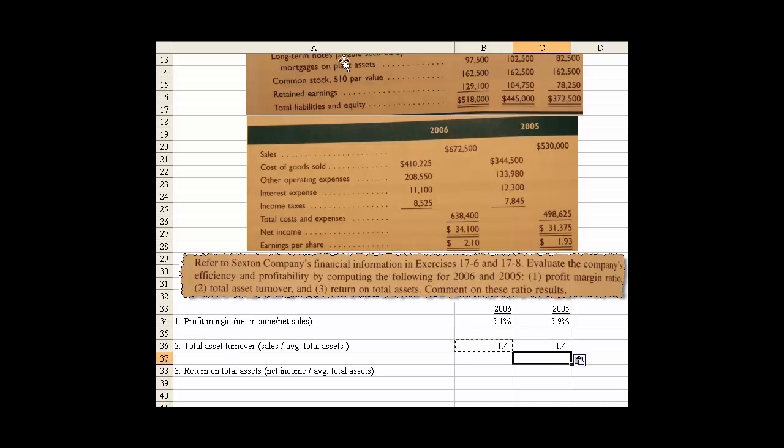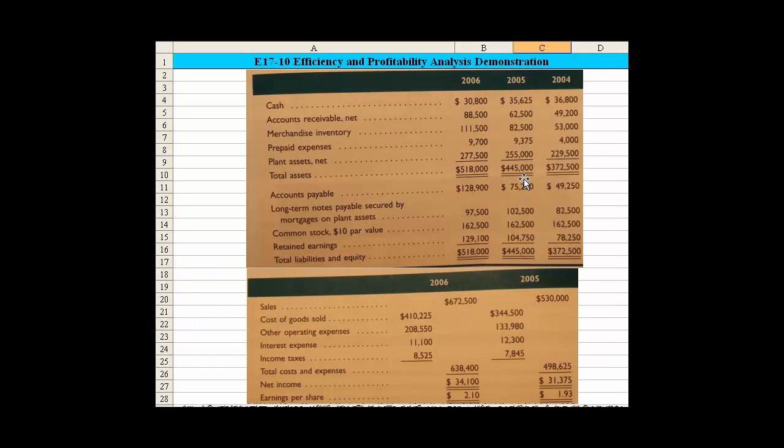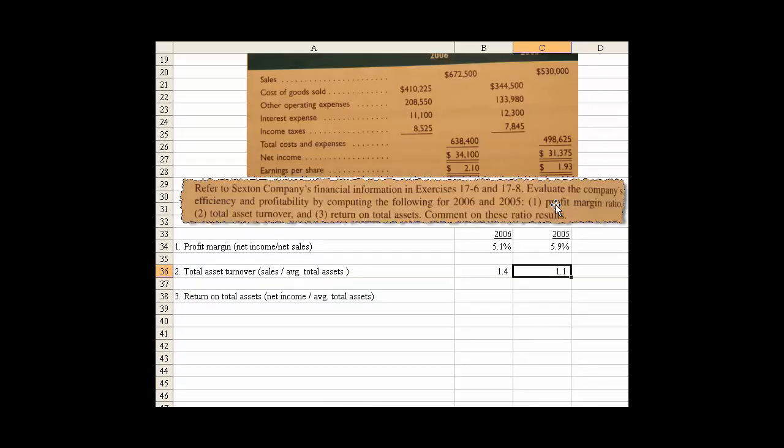Okay, now I'm going to copy this over. The only change we have here is the numerator, instead of being the 672,500, becomes 530, so let's make that change. And the beginning and ending total assets, well, they'll be equal to those amounts that you see on the screen, but technically we'll pull them from that part of the balance sheet where they exist, 445,000 and 372,500.